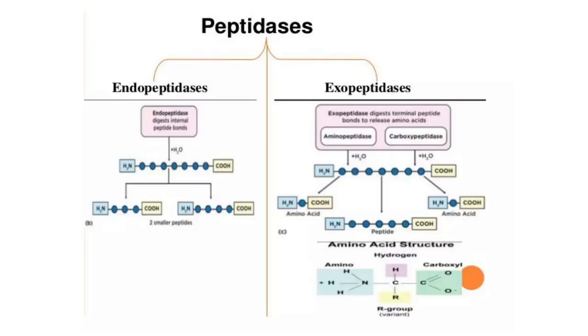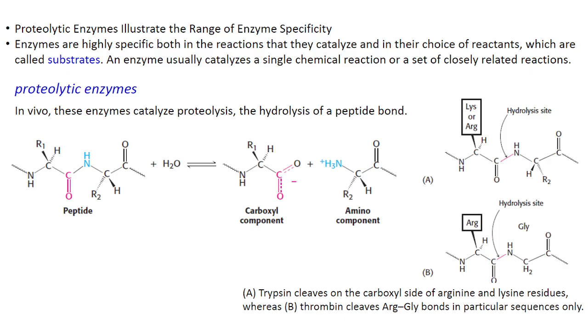Now, peptidases, like I mentioned, are of two types: endopeptidases and exopeptidases. Endopeptidases digest the internal peptide bonds, and exopeptidases digest the terminal peptide bonds to release the amino acids, like the aminopeptidases and the carboxypeptidases. So proteins to polypeptides is endopeptidase, and exopeptidase is polypeptide to amino acids.